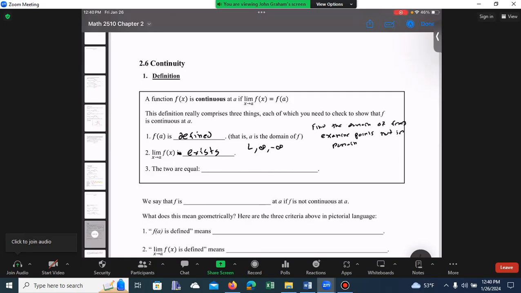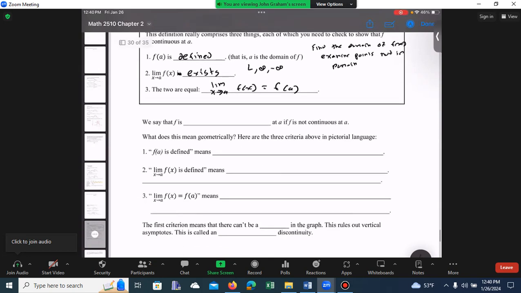And then on top of that, the two are equal: the limit as x goes to a of f of x equals f of a. If these three conditions aren't satisfied, we say that f is discontinuous at a, if f is not continuous at a.